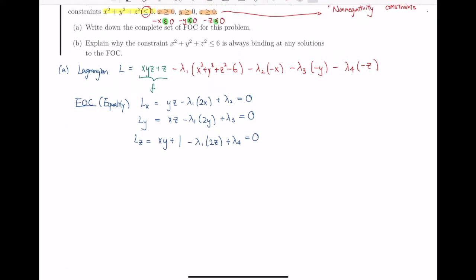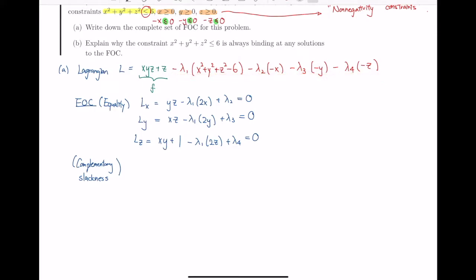And then you have the complementary slackness conditions that come from each inequality constraint. So you want each of these to equal 0 respectively.